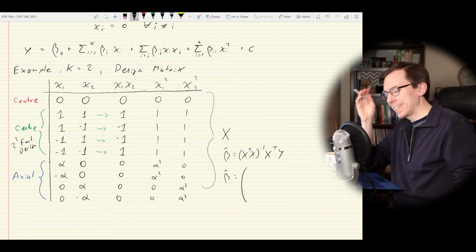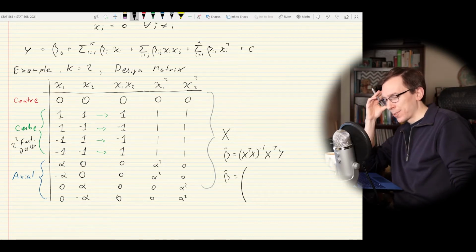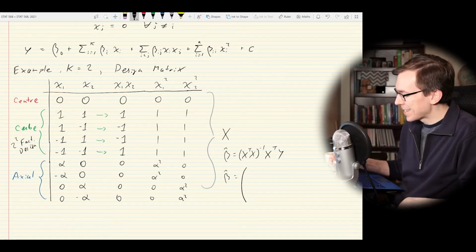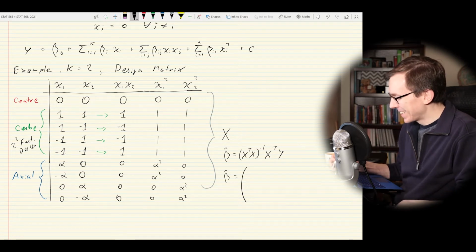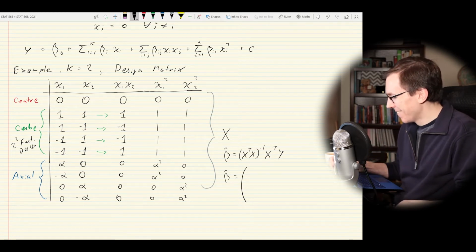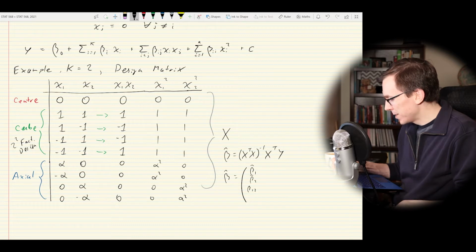We would also need a column of all ones for the intercept. Let's forget about the intercept for a second, so that we can just work with this. What we would have is something like beta hat 1, beta hat 2, beta hat 1 2, beta hat 1 1, and beta hat 2 2.